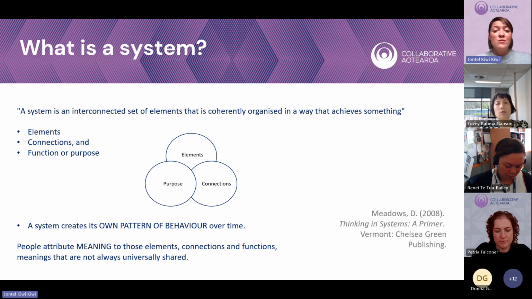And something that's really critical is that the meaning that people attach to things is not always shared. So this is really interesting when it comes to where we are in the health sector at the moment, and what do we attach meaning to, what is it that we're open to changing, and how can we make sure that we're meeting all of these for our whānau.